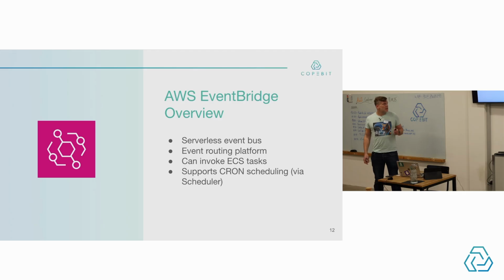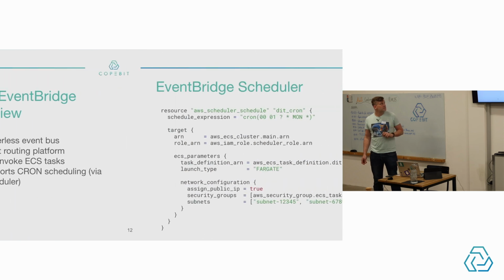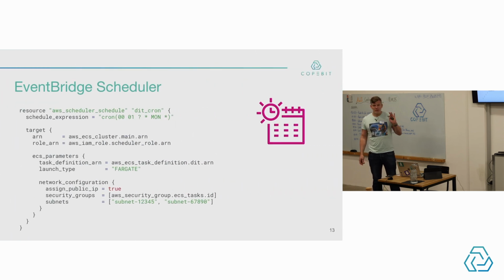But it can also invoke tasks, and via the EventBridge Scheduler, which is, I think, the more modern replacement for CloudWatch Events and AWS scheduler, you can quite easily set up invocations of different things, lambdas, or in this case then an ECS task.